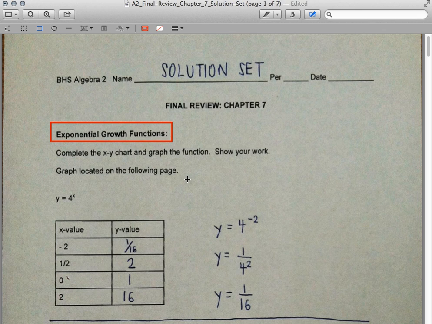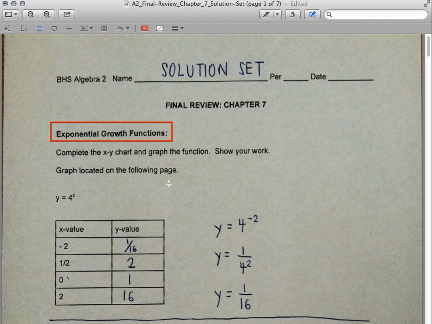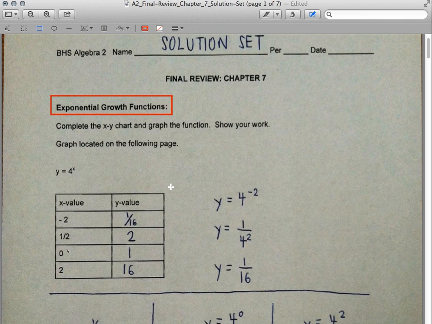So, an exponential growth function is a function of the form y equals a times b to the power of x. And we learned that if our base is greater than 1, then that is an exponential growth function.